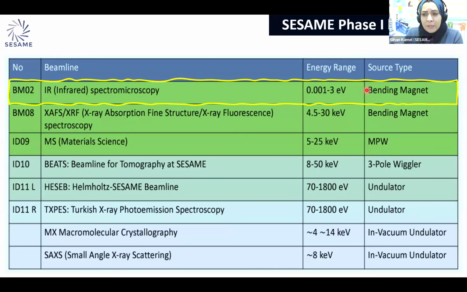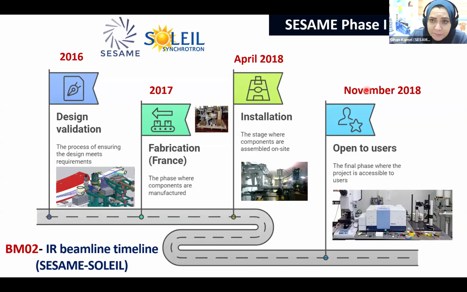Yeah. So this beamline was the first new beamline to be built at SESAME with an agreement with the French Synchrotron Soleil, where I met Christophe as well, and we worked together for some time.